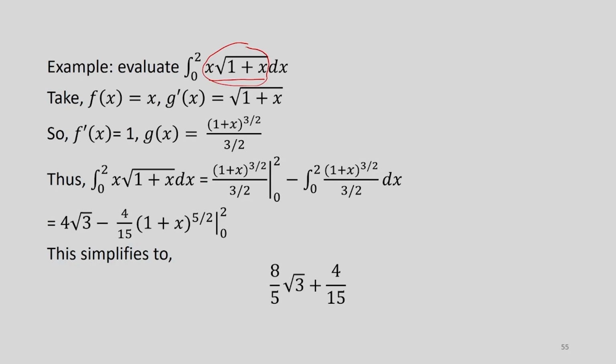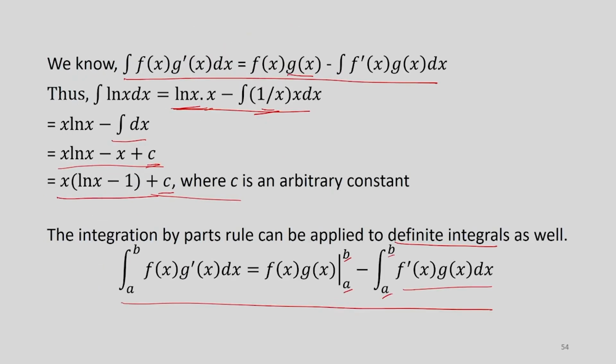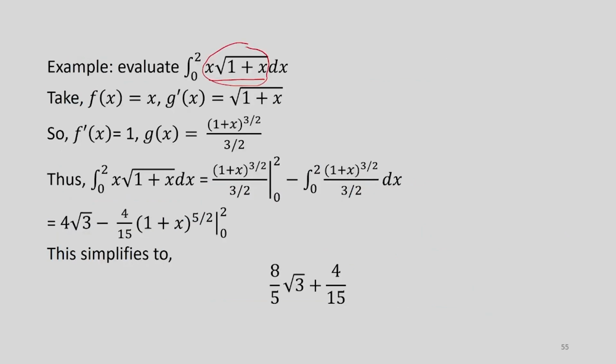This differentiation comes in the second term, f prime x. So practically it will be easier if I take f x to be that function which becomes simpler after differentiation.